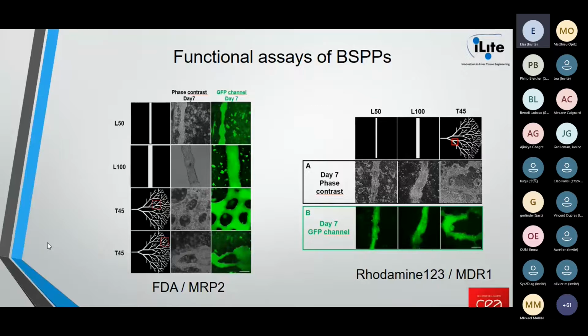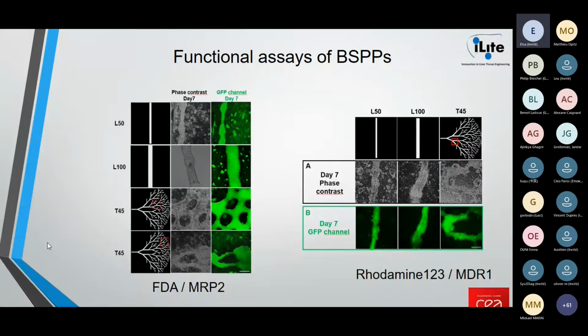The other test that we employed is named rhodamine 123, which employs another apical receptor named MDR1. And we can see also that this fluorescent compound is actively transported from the outside, from the culture medium, to the lumen of the structure after 7 days of culture.